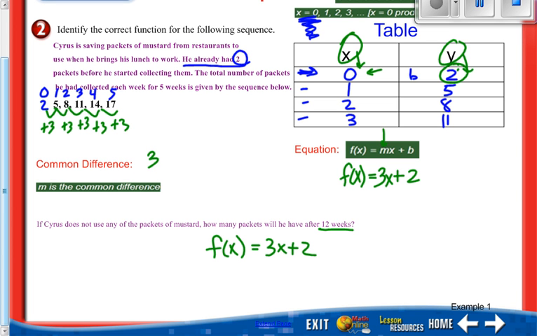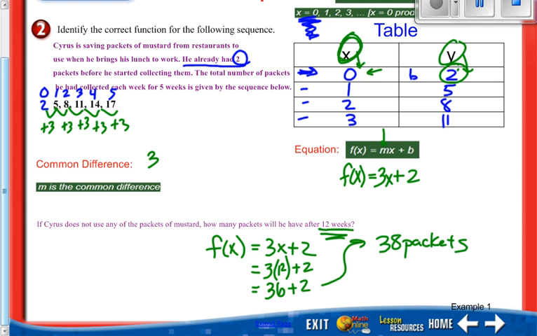Y, or f of x, is talking about the number of mustard packets. So for x, we are going to put in our 12 weeks. So we have 3 times 12. We gain 3 packets every week for 12 weeks, plus the 2 packets that we started with. We now have 36 packets plus the 2. So we have 38 packets of mustard after 12 weeks.